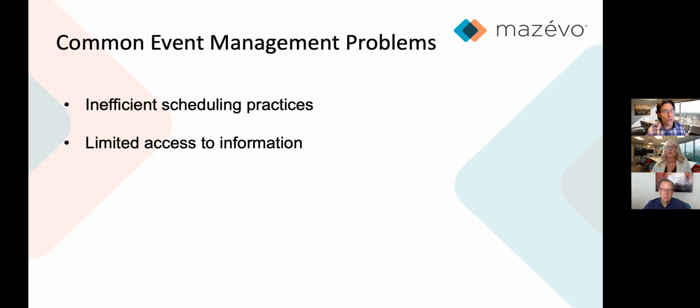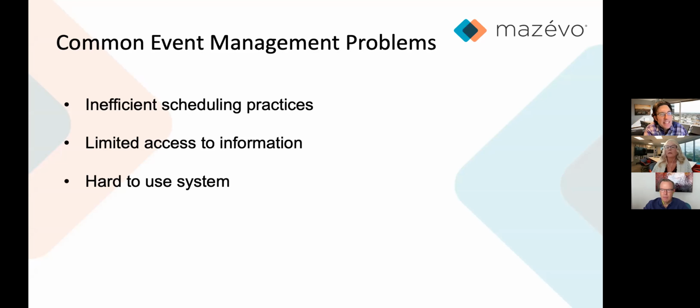Traditionally, if you're on the operations team, you know what to do because you have a piece of paper that you run around with all day that says here are the events going on, here's what I need to be doing. And if there are any last minute changes, somebody's got to track that person down and let them know something's been changed. So the access to information is limited to whatever's on the paper report, and there's no electronic way to get that out to people's phones or notify them of what's going on.